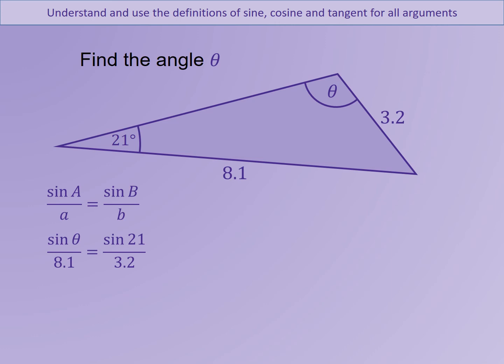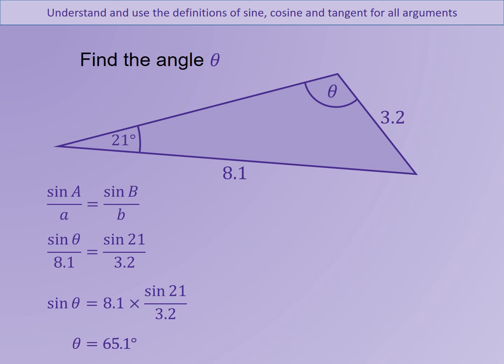And I'm going to work through this and find that sine theta is equal to what you're seeing here. And then finally, when we do the inverse sine of the resulting value, we get an answer of 65.1 degrees, which is fine. But if you look at the diagram, you will notice that this is not 65.1 degrees, our value for theta that we're trying to find.